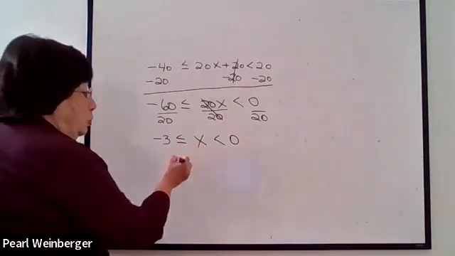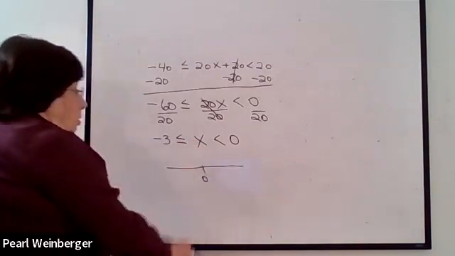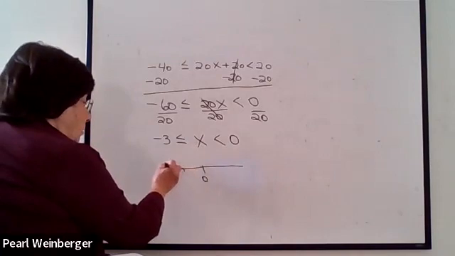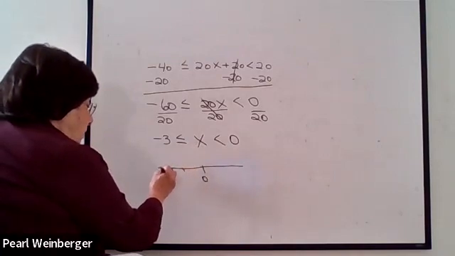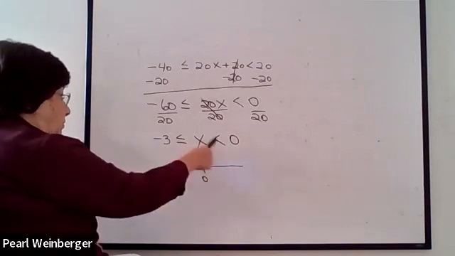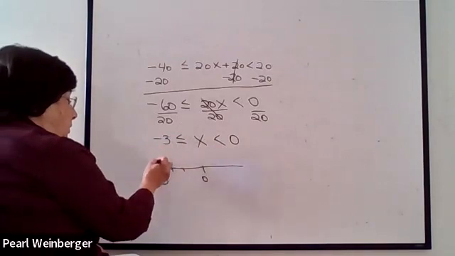Again, if we wanted to do it on the number line, we go to the negative 3 and the 0. The number on the left is negative 3, the number on the right is 0. This is less than or equal to, so it's filled in.